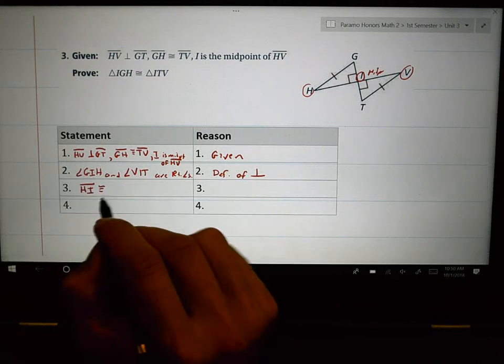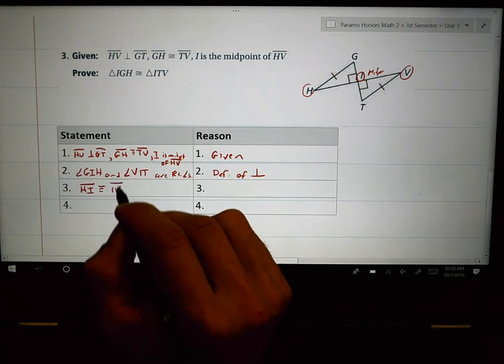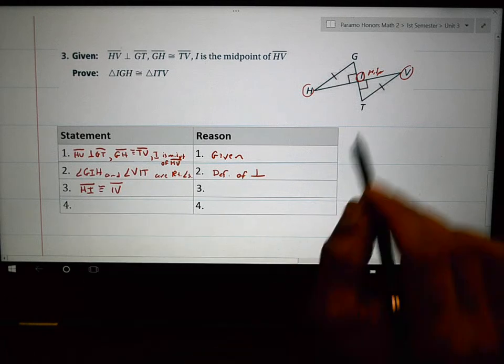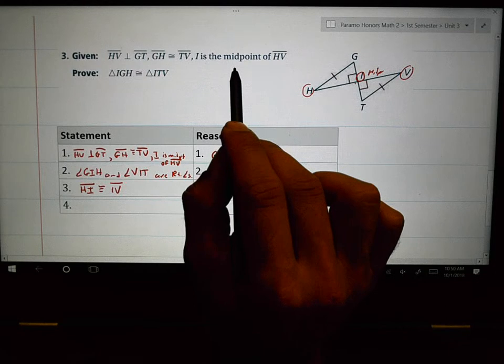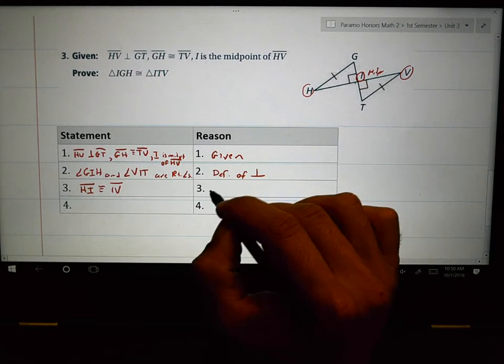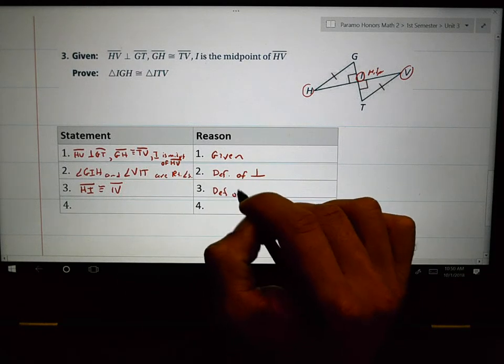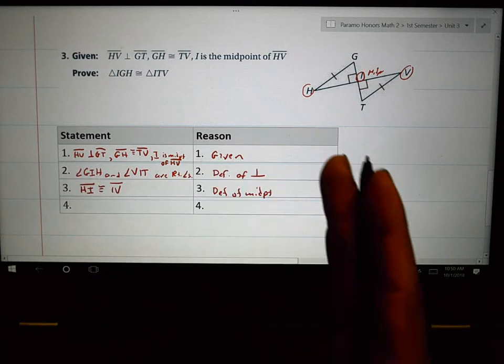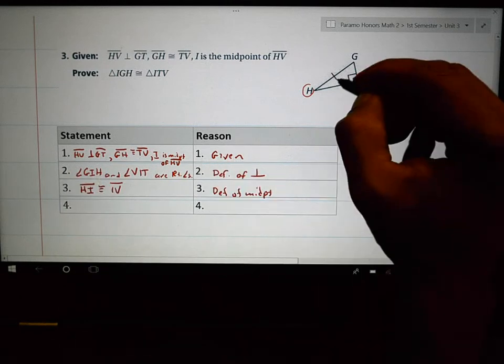Segment HI and segment IV are congruent to each other. What lets me know that? What definition am I using? Midpoint. Right, so we're going to write the definition of a midpoint lets me know that. And then I can add that to my picture.